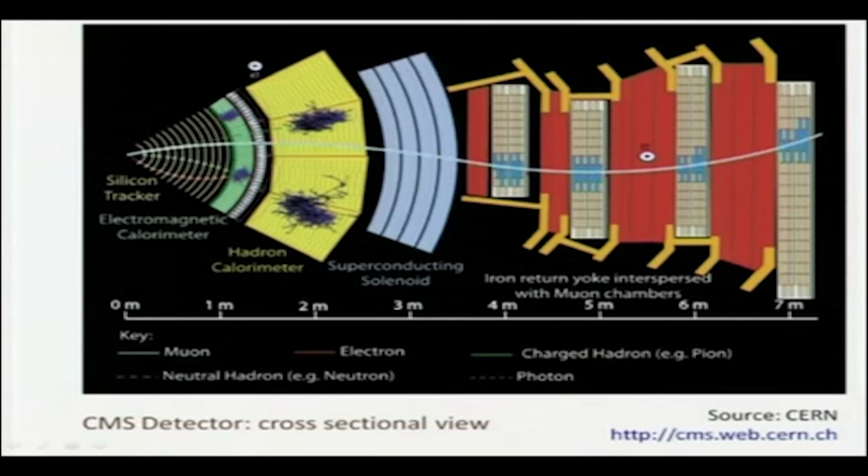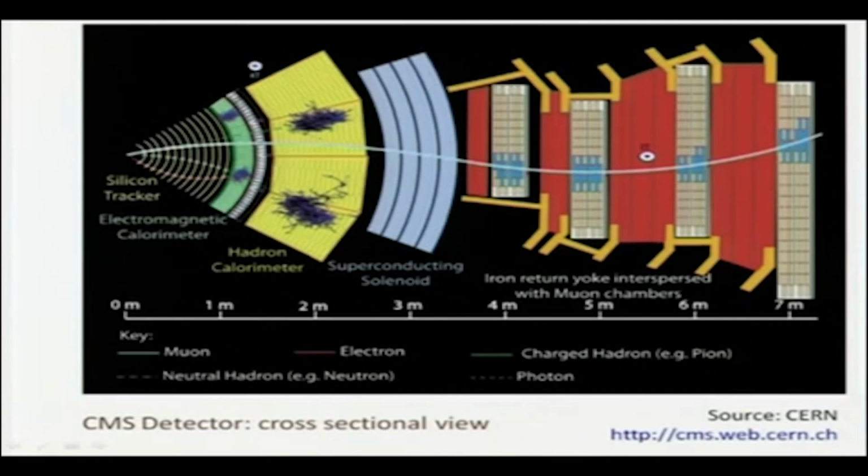Whereas neutral hadrons like pions, etc. (we will come to what the different hadrons are at a later stage) are basically particles made of quarks, like protons. The neutral hadrons go straight in the silicon tracker and are absorbed in the hadron calorimeter.